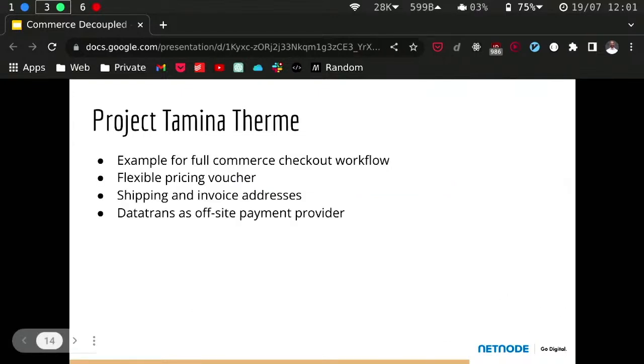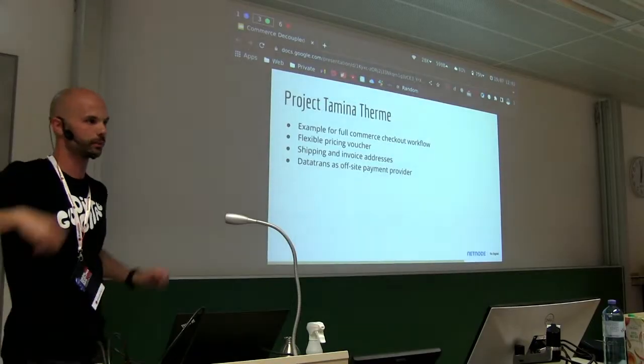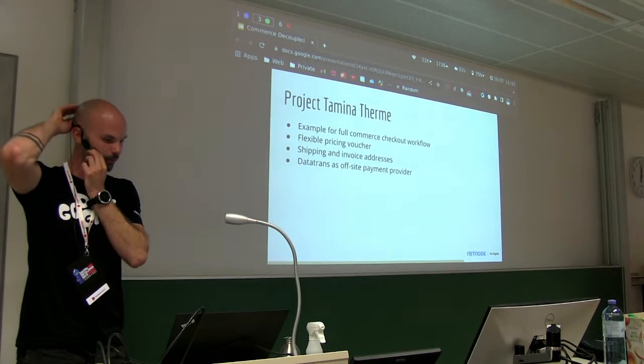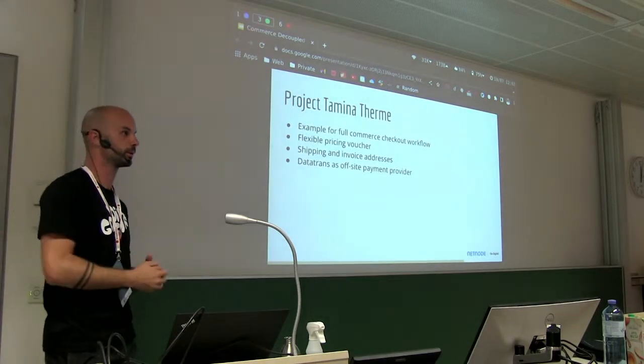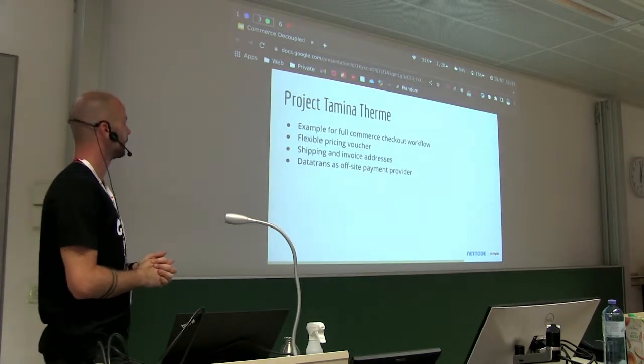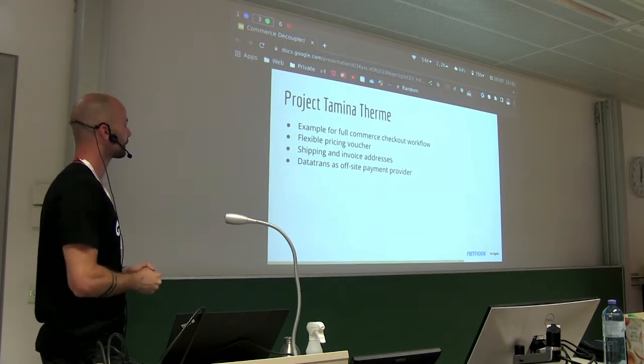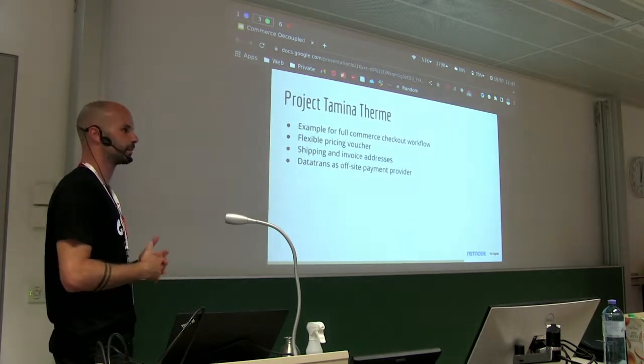All right, next I want to show you a fully fledged checkout process that we used for a client of ours. This was the Swiss spa, the Tamina Therme, and they have the feature of flexible vouchers.